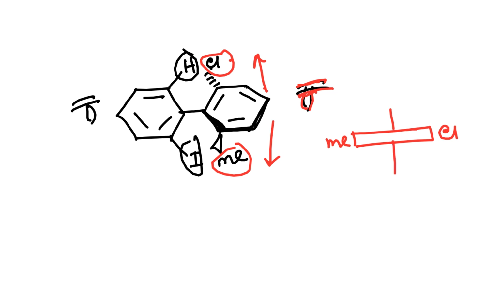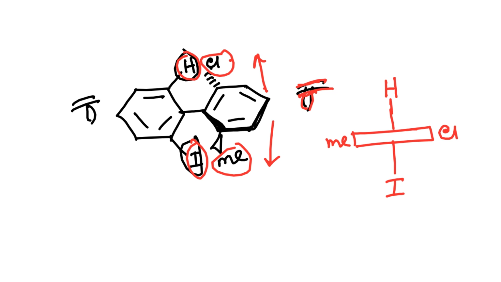And on the rear side we have hydrogen at the top, and this iodine is at the bottom. Now always the priority should be given to the atoms which are at the near end.